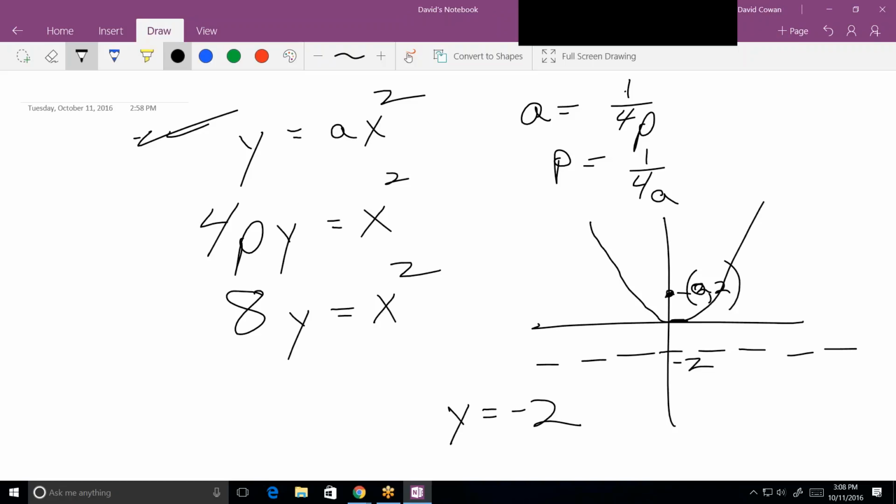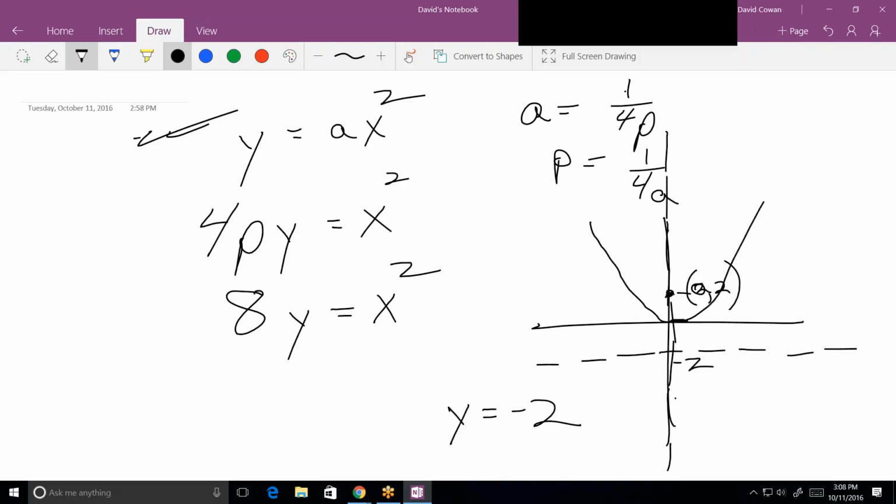Now, the one last thing they care about is the axis of symmetry, which is the axis that goes vertically through the parabola, or you now have to deal with horizontal parabolas also.